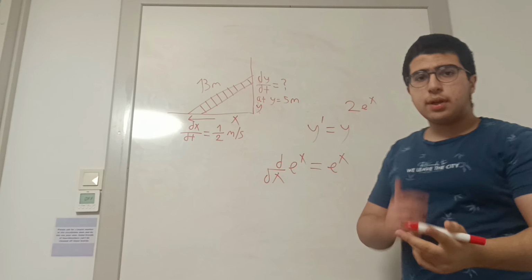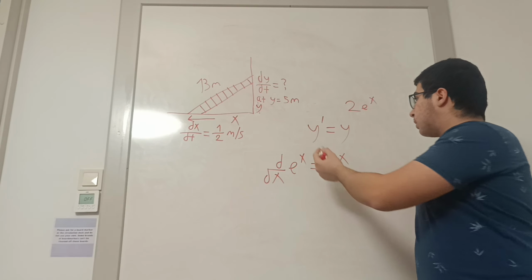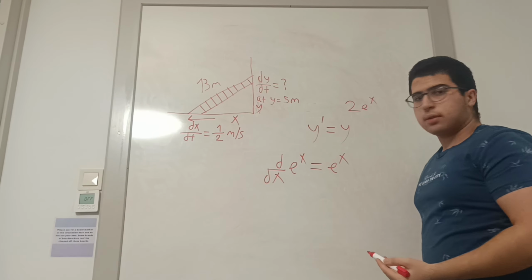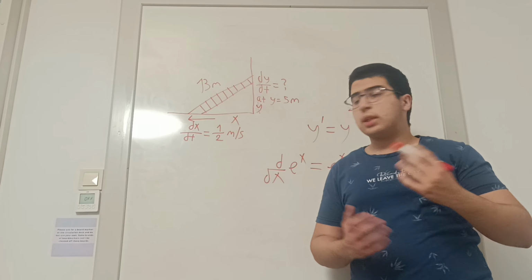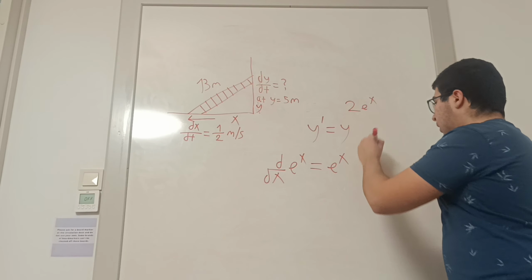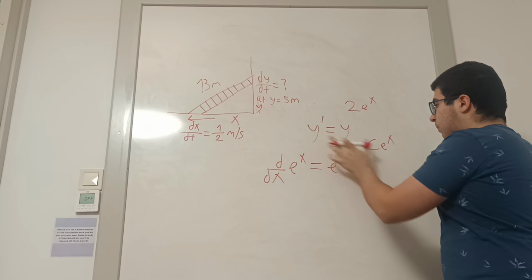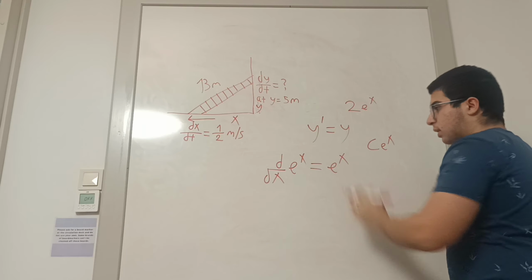So this function also satisfies our differential equation. To solve a differential equation means to find a general solution, which is c e to the x in this case, because any constant satisfies the differential equation.